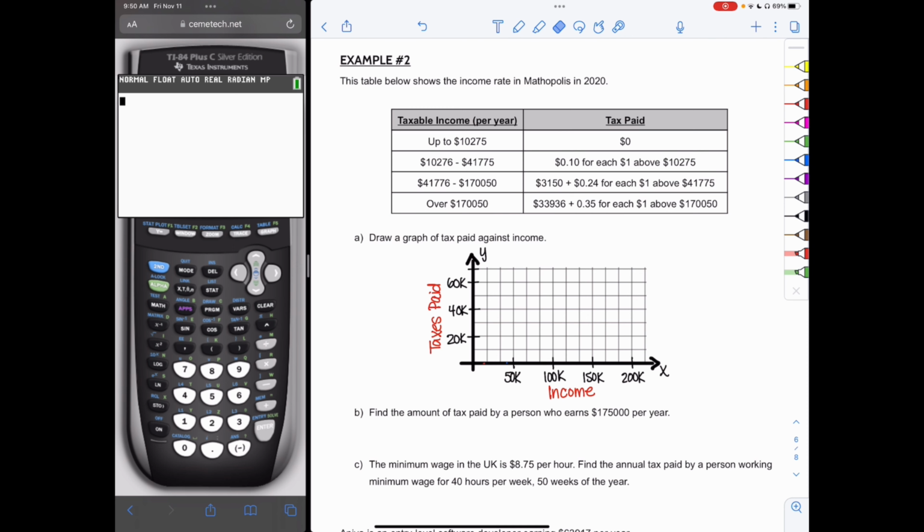They say if you earn up to $10,275, you don't have to pay any taxes. I'm going to label this point on the graph in green. I need to approximate where 10,275 is going to be. I can tell that every 3 indentation marks I'm going up by $50,000.